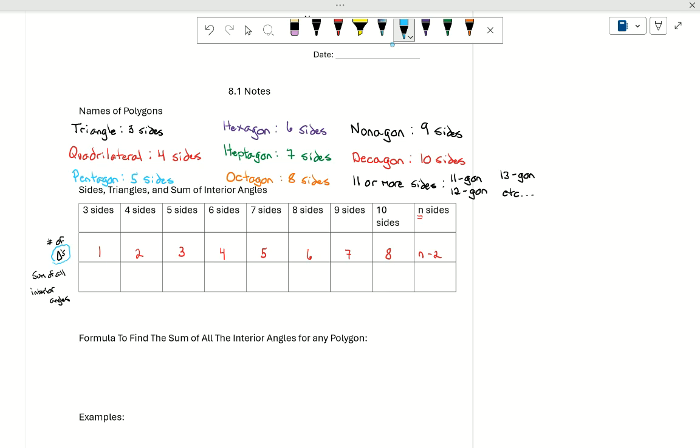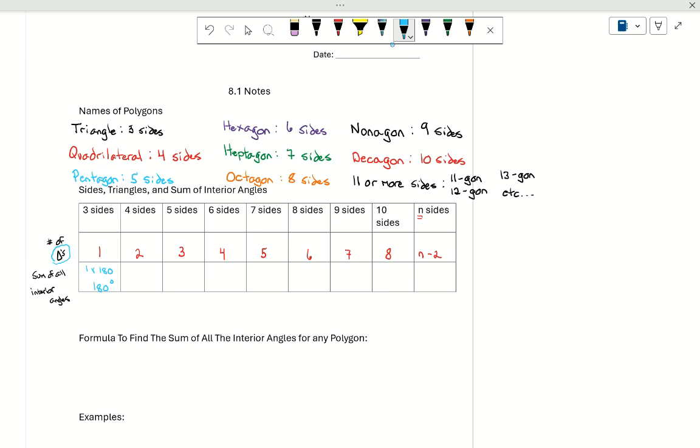Okay, so that means if we have one triangle, and if triangles always add up to 180 degrees, that means the sum of the interior angles is going to be 1 times 180, which is 180 degrees. So a three-sided shape, the angles on the inside of the shape, that's why they're equal to 180 degrees.